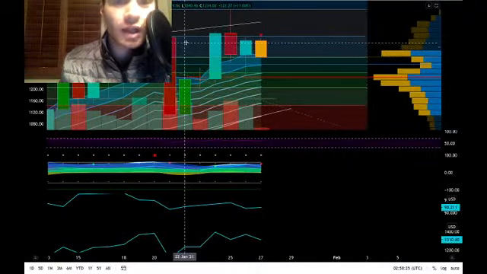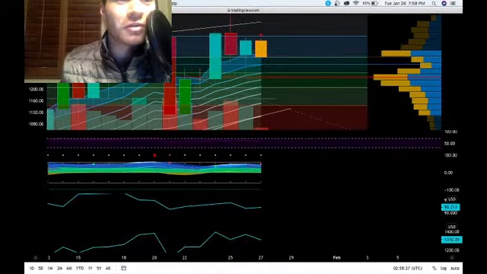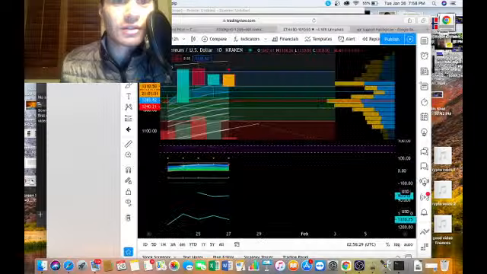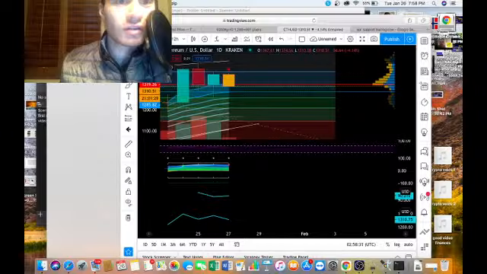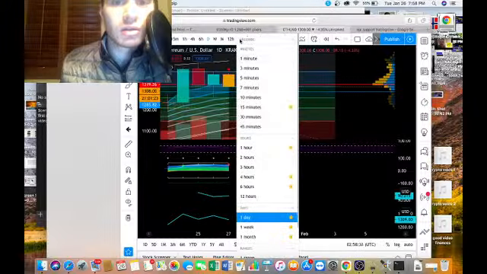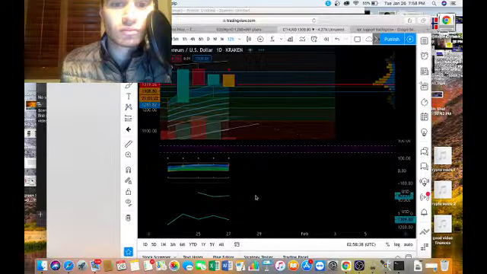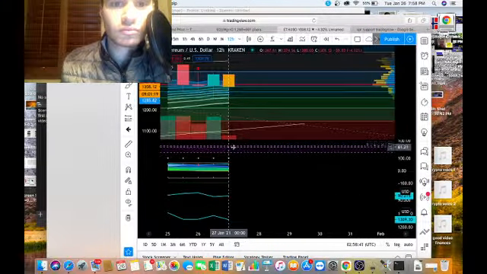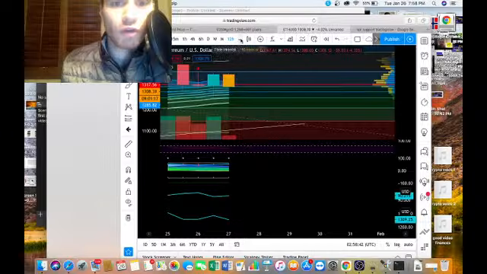At these levels, we basically don't want to see a close. As long as we hit these wicks or whatever and then spike back up, we need to see more volume come in. Yeah, we need to see more volume come in.